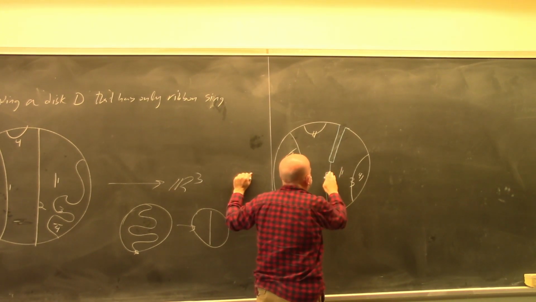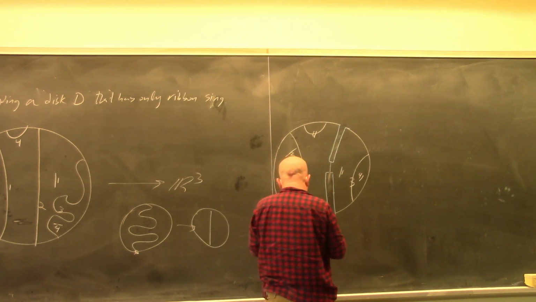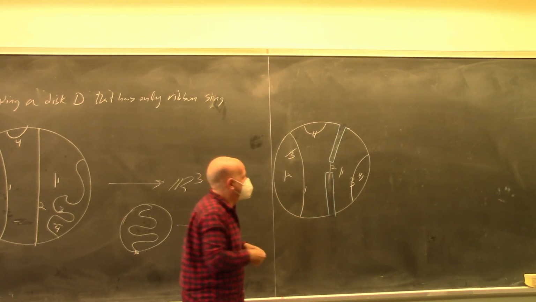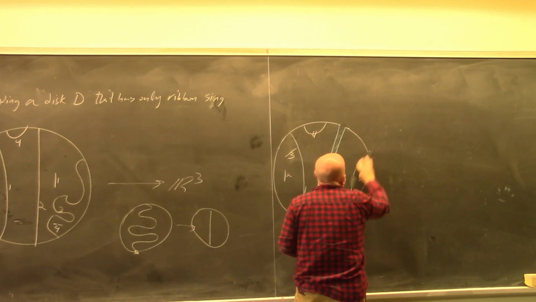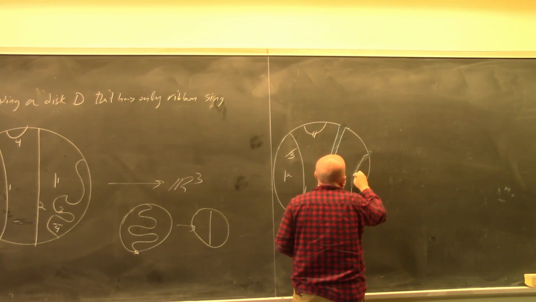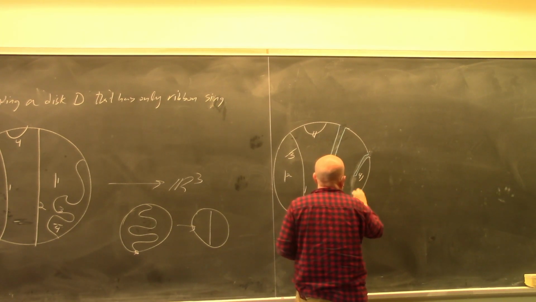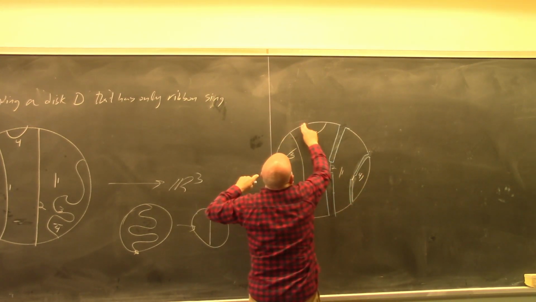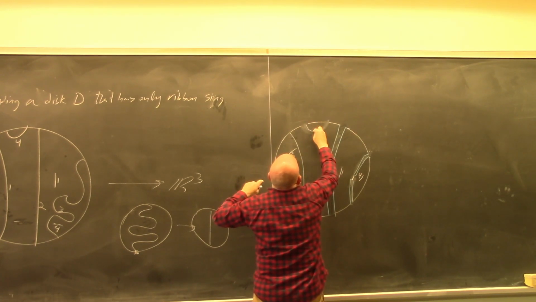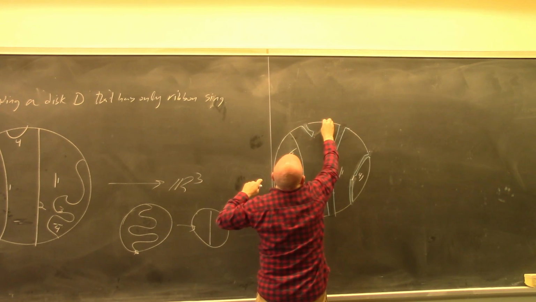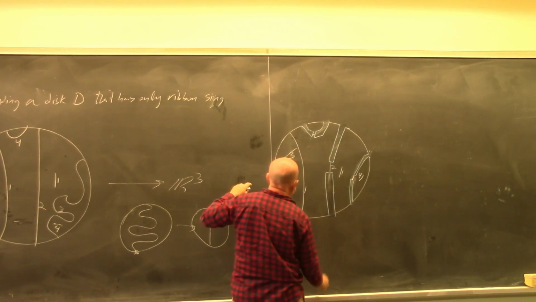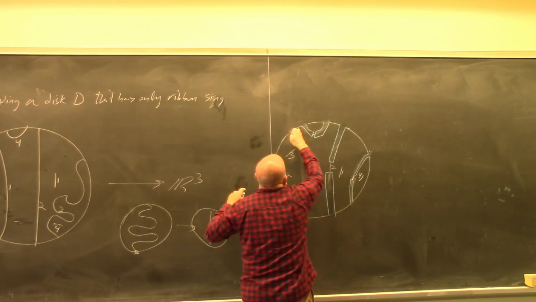Of course, I could have just done it on one side, but it's nicer to picture it this way. So I'll do it this way for all the singular lines that span from edge to edge. I do it here, here, here, and here.